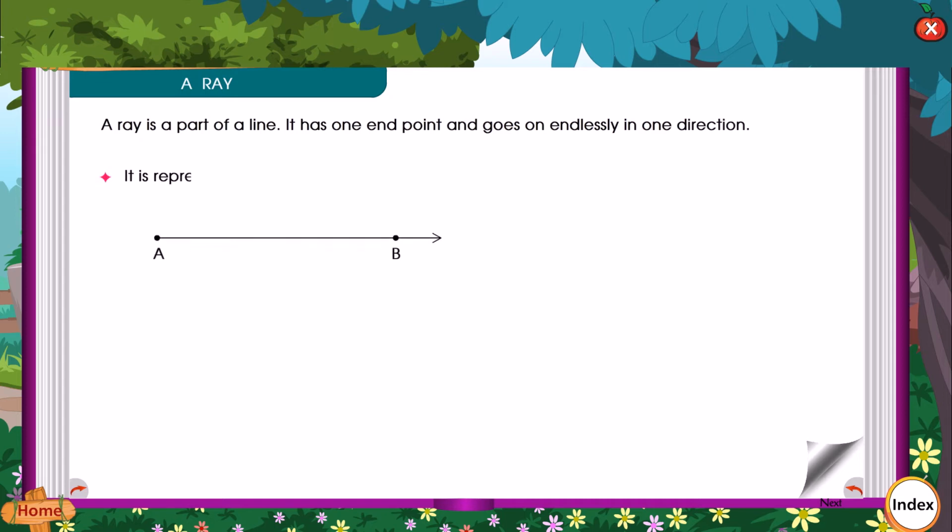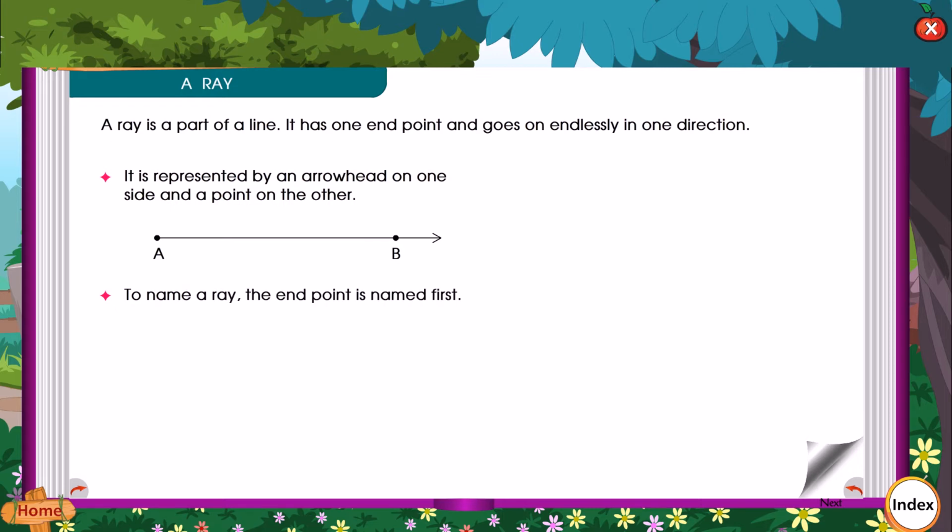A ray. A ray is a part of a line. It has one end point and goes on endlessly in one direction. It is represented by an arrowhead on one side and a point on the other. To name a ray, the end point is named first. The ray shown above can be read as AB.